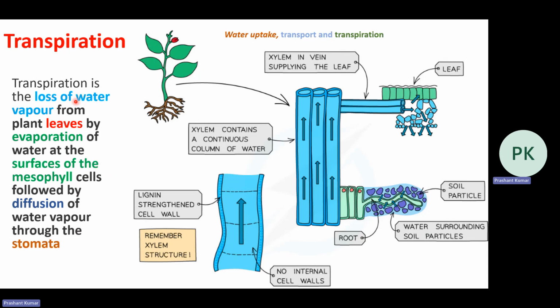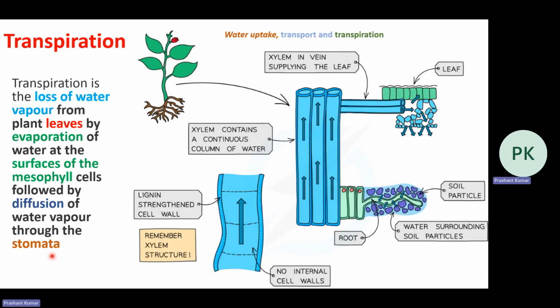Yes, water is being lost. Where is it being lost? From the leaf. By which process? Evaporation, right? From where? From the mesophyll layer. By which mechanism? Diffusion. Where? Out of the cell. In which form? Water vapor form, through stomata.